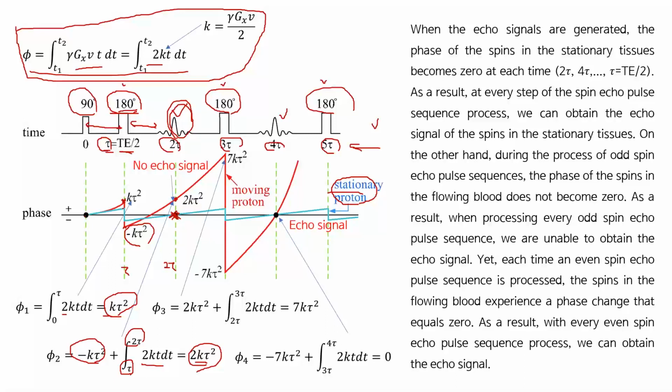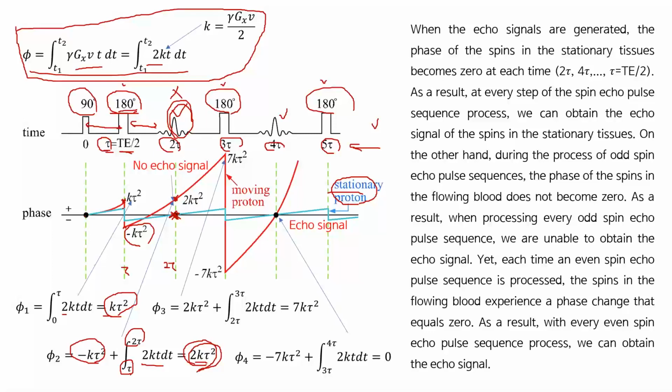However, the spins in the flowing blood have phase 2k tau square, non-zero, so we cannot have an echo signal from the spins in the flowing blood. So this is called the odd echo dephasing, or signal loss.